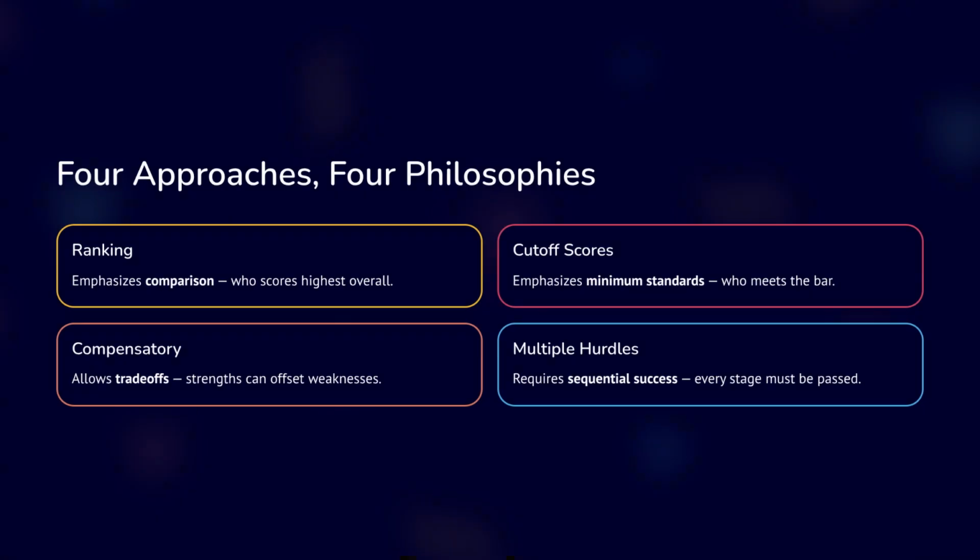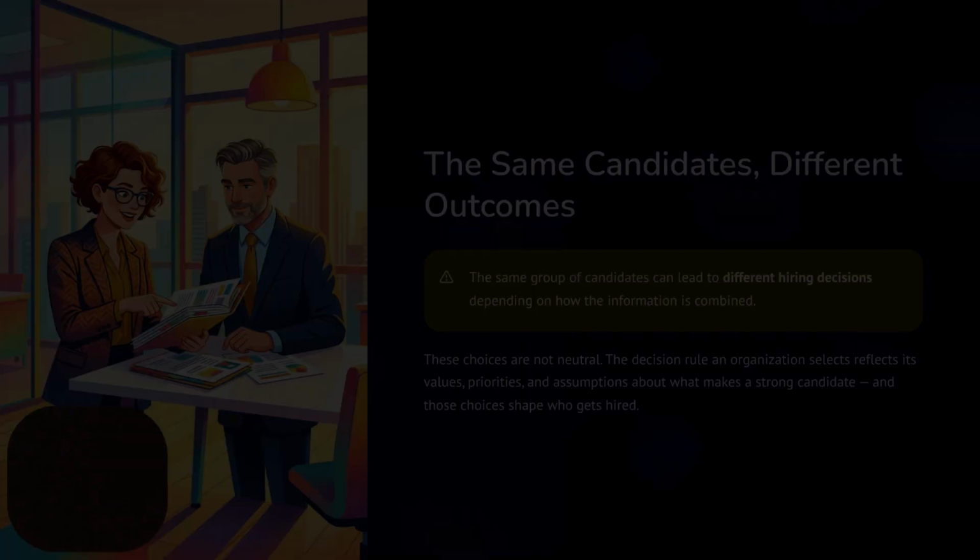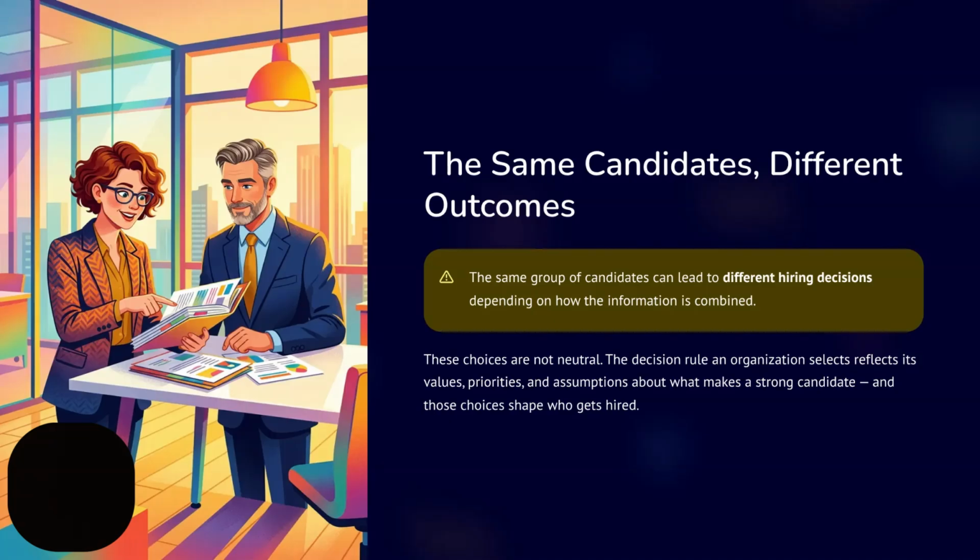Each of these approaches reflects a different way of thinking about evaluation. Some emphasize comparison, others emphasize minimum standards, others allow for trade-offs across different strengths. The important point is that these choices affect outcomes. The same group of candidates can lead to different hiring decisions depending on how the information is combined.